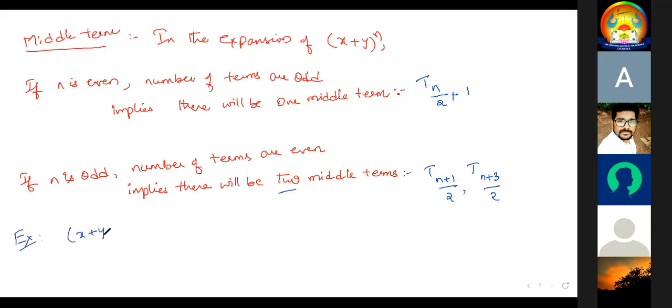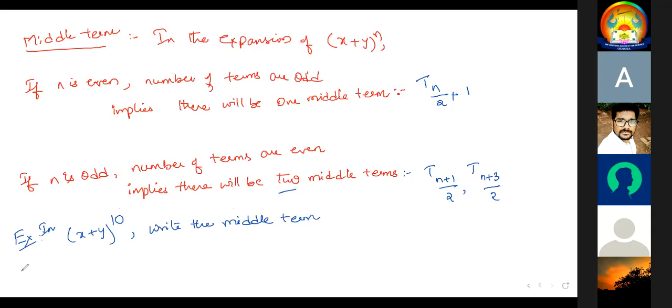In the expansion of (x plus y) whole power 10, I'll ask in (x plus y) whole power n, write the middle term.